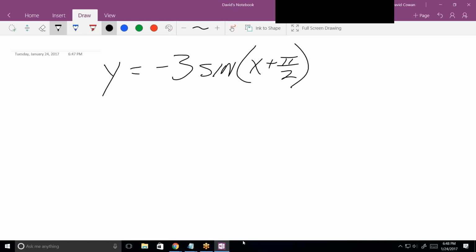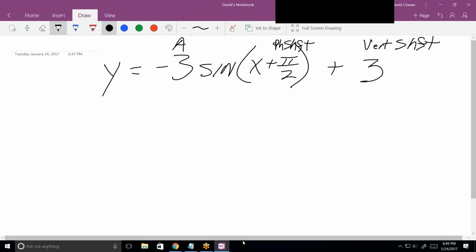Now, what trig does is calls this amplitude, calls this phase shift. Anything that would have been added like that is vertical shift. And you can have a multiplier of the x. Let's say I put a 2 in there. That's horizontal shrink.